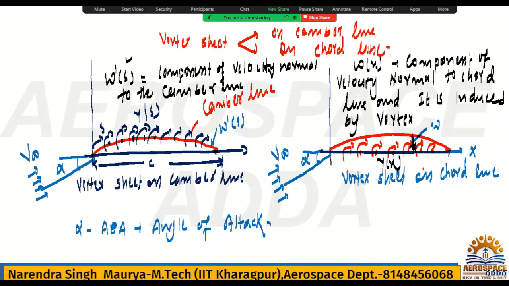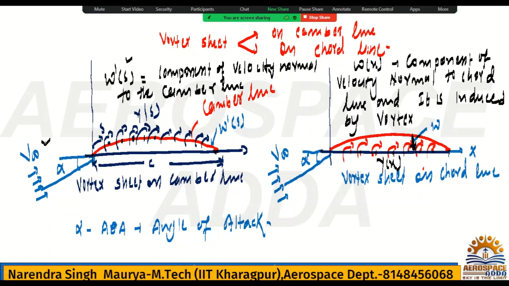So two velocity components you may get. One is w dash s, the component of velocity normal to the camber line. Second, because we have free stream velocity V infinity, it will also have a normal component, called V infinity n, the component of free stream velocity normal to the camber line.